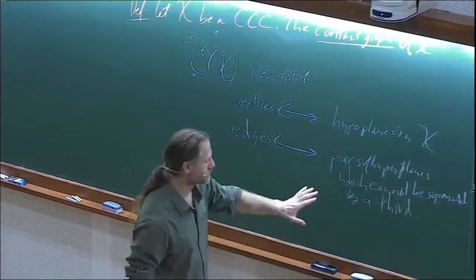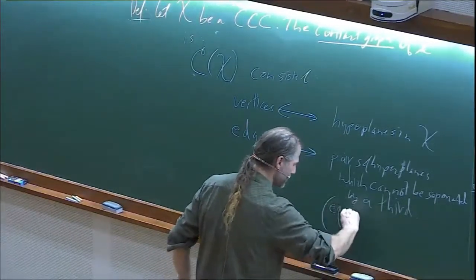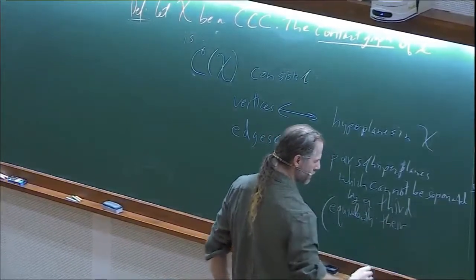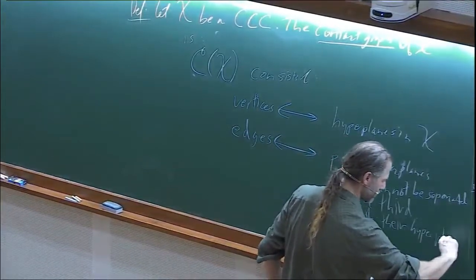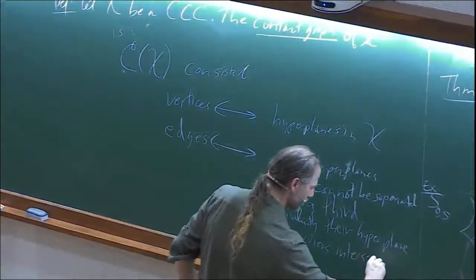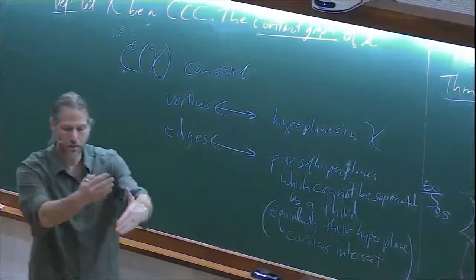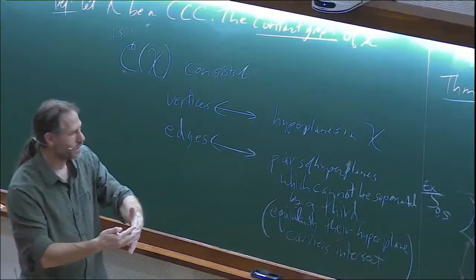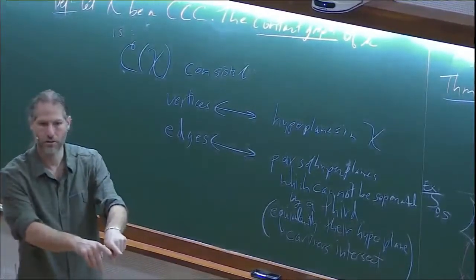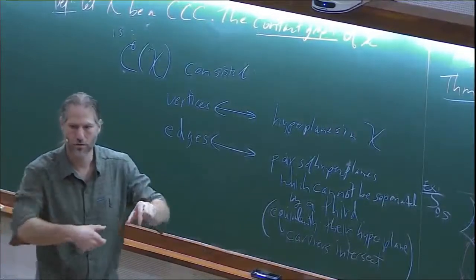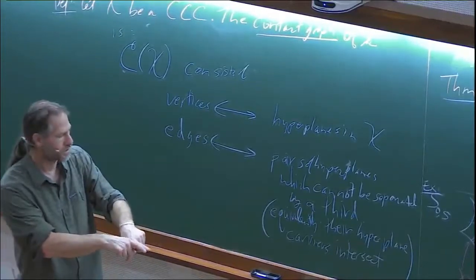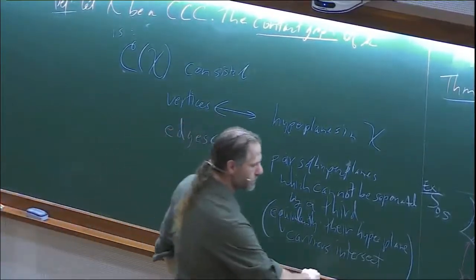Equivalently, their hyperplane carriers intersect. Maybe they actually intersect on the nose, in which case you put an edge. Maybe they don't intersect, but their carriers intersect. The carrier is the union of all the cubes that contain that hyperplane, and if those intersect, then you also put an edge. Okay, so that's the complex.